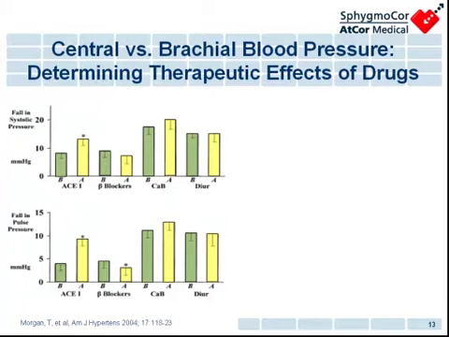I had a hard time with this myself, but this is how they did it in the paper. So this is a better effect: the taller the bar, the larger the effect on the central pressure. This is the brachial pressure, the effect of an ACE inhibitor. This is the central pressure. So a differential effect. If we look at the pulse pressure, brachial pulse pressure fell with an ACE inhibitor a few points, but fell by almost 10 points centrally.